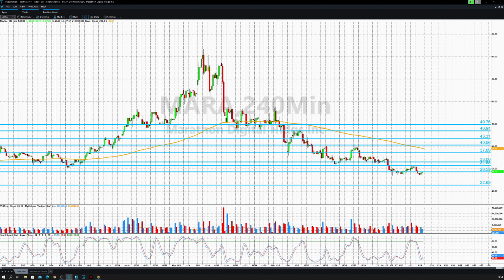Let's see. Yeah, it brings the buyers from the 28. From the 28, they can push even to the 30.50 to here, but probably a lot of sellers will push it lower. So let's see. At the moment we are in a downtrend. If it moves higher, it needs to break the 29.10.